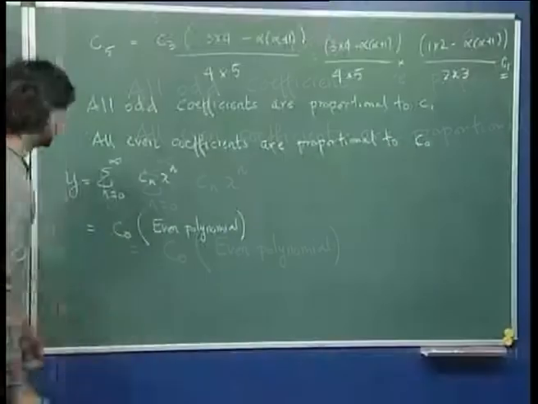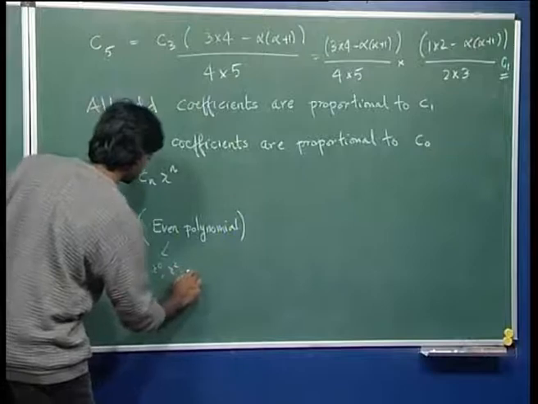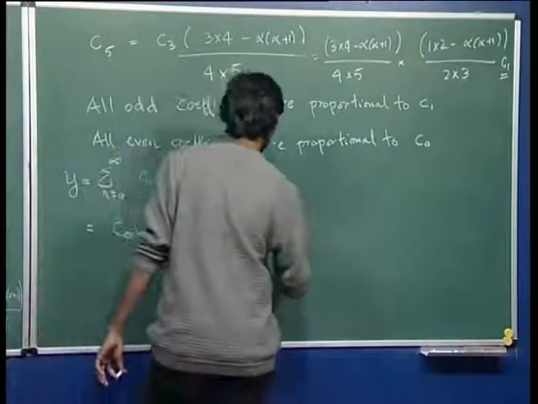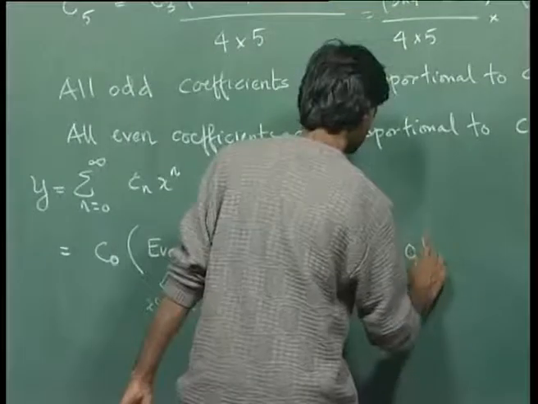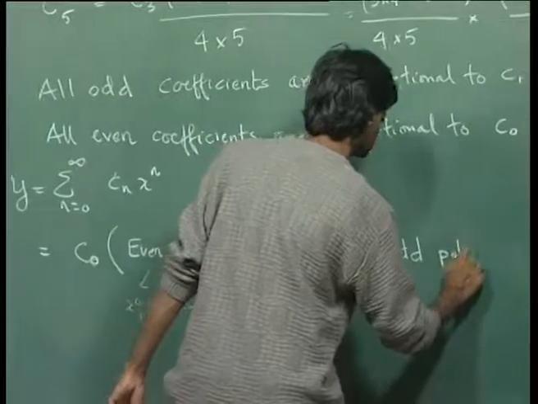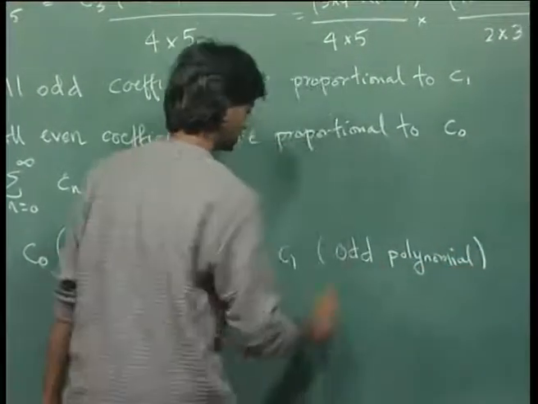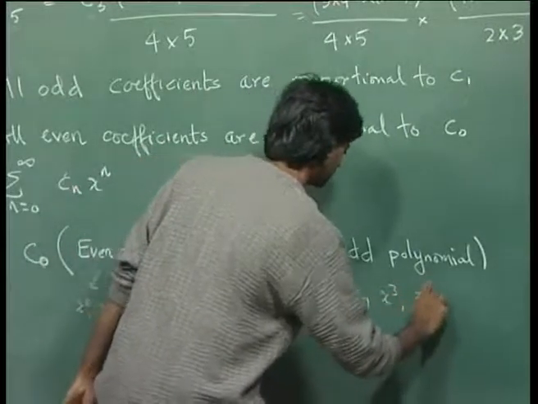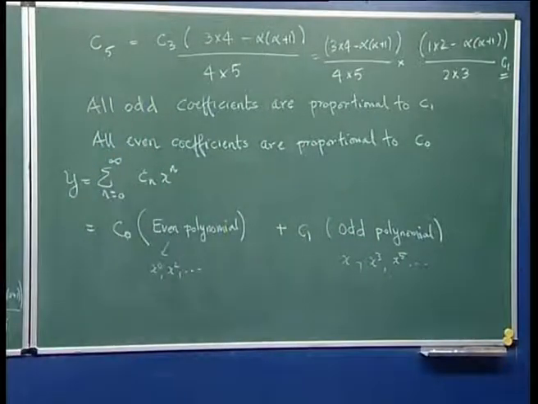Okay. So, even polynomial means it will just contain x raised to 0, x raised to 2 and so on. Okay. And I can write C1 times an odd polynomial. So, that will contain things like x, x cube, x to the fifth, etc. Okay. So, the general solution can be written in this form.